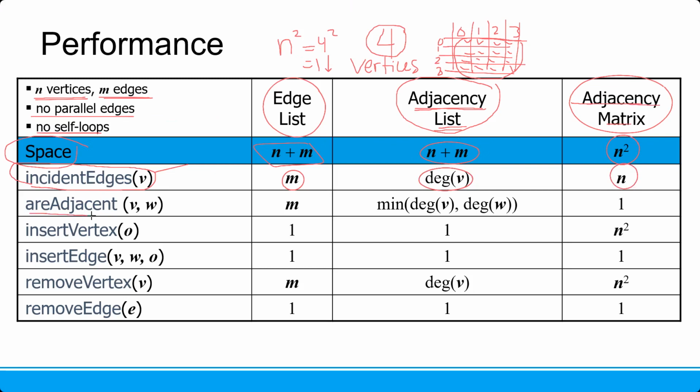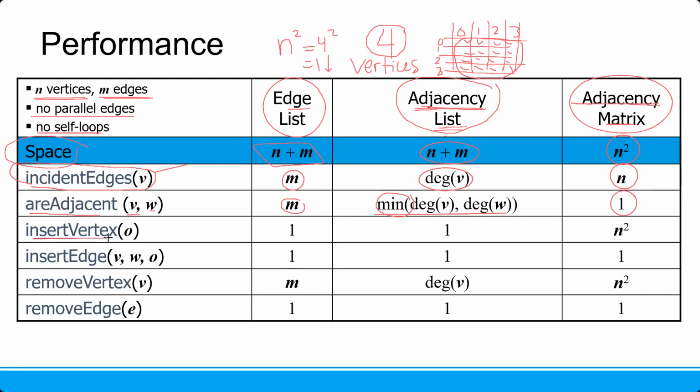If we want to check whether V and W are adjacent or not, the edge list structure will need m times for the worst case. The adjacency list will need the degree of V, comma, degree of W, and we will check the minimum. For the adjacency matrix, it is 1.